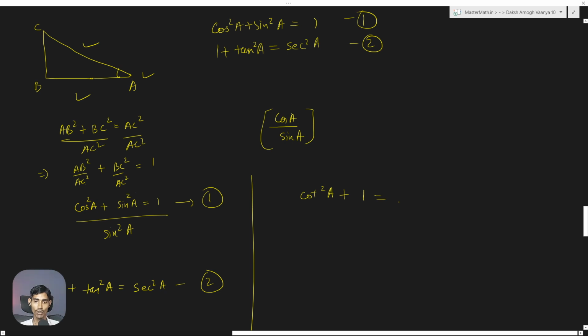Naveen, 1 by sine square or 1 by sine? Cosec A. Yes, so cosecant square A. That's our third identity. So note all of these, first, second, third.